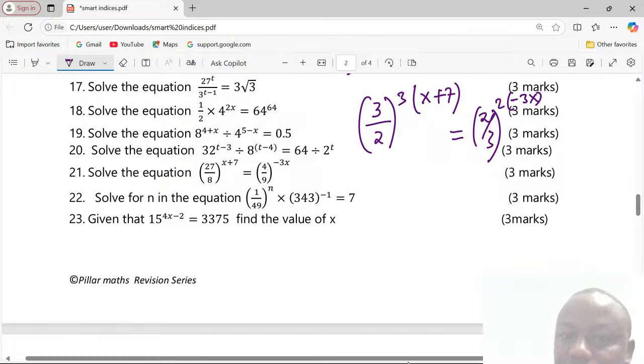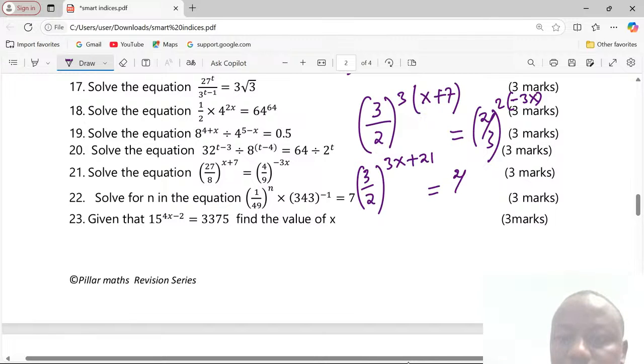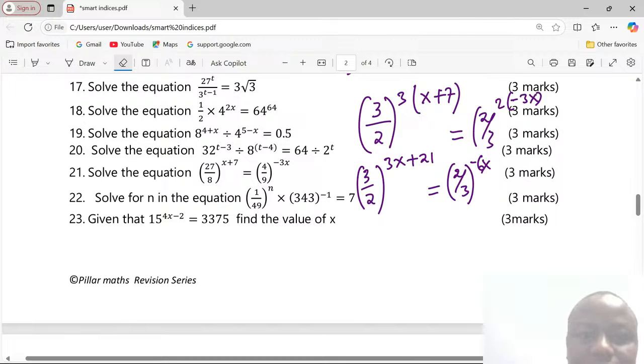So to work this out, it will be 3 over 2 raised to 3x plus 21 equals 2 over 3 raised to negative 6x.